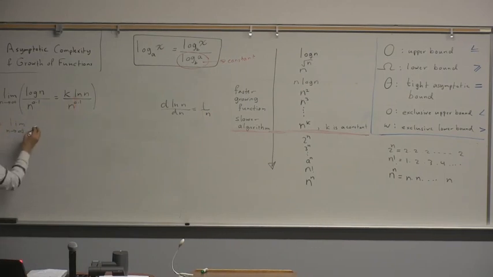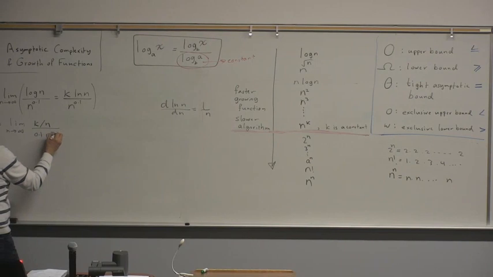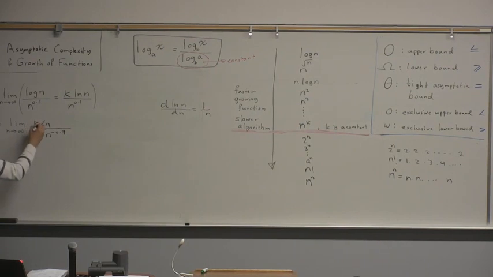So here the limit is going to be k over n divided by, what's the derivative of n^0.1? It's 0.1 n^(0.1 minus 1), which is n^(-0.9). Right? So this is the derivative of the numerator, and this is the derivative of the denominator. So in fact, this is going to be equal to k.